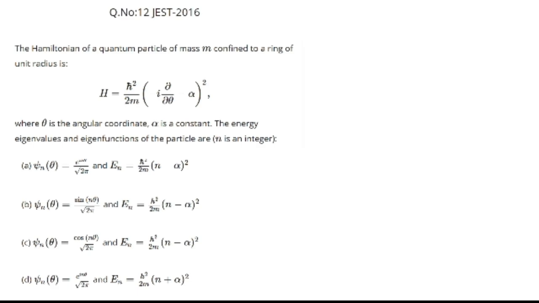For the Hamiltonian of the quantum particle, a mass on a ring, theta is the angular coordinate and alpha is a constant. What are the energy eigenvalues and eigenfunctions of the particle? So very simple.